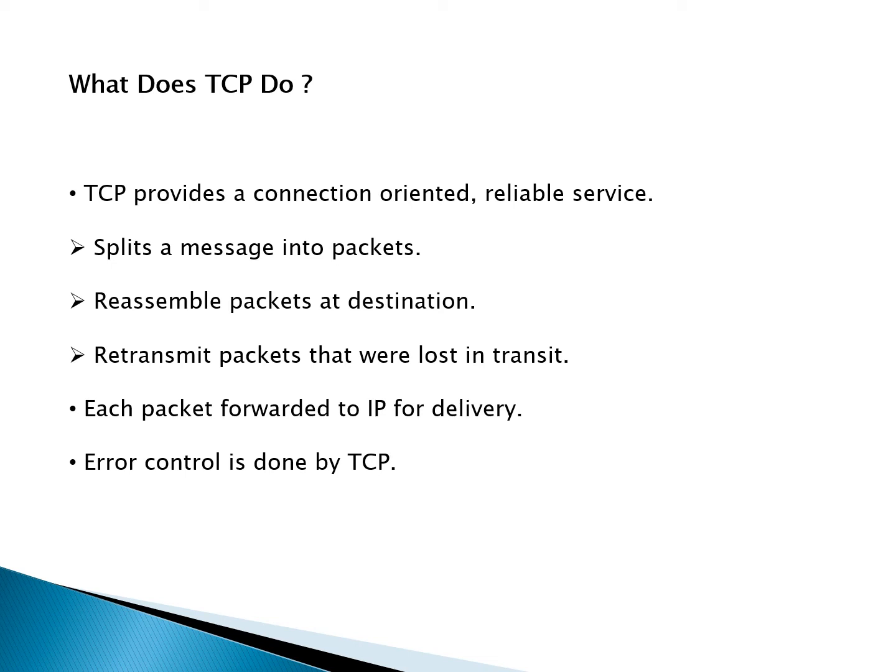So TCP tries to provide a connection-oriented reliable service. Reliable in this context means if some packet gets lost, it will resend. Here, the application has the illusion of a connection-oriented transmission at the transport layer, meaning virtual circuit establishment is there, because the packets are received in order.